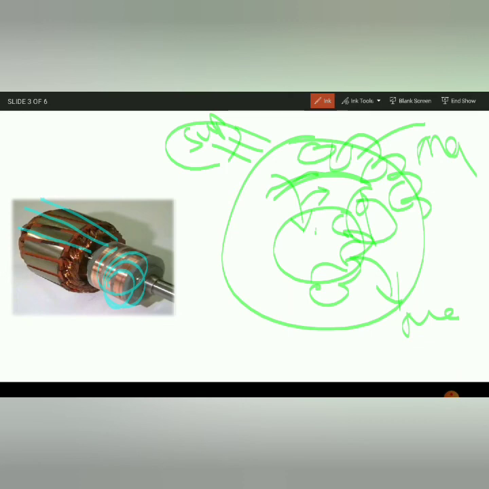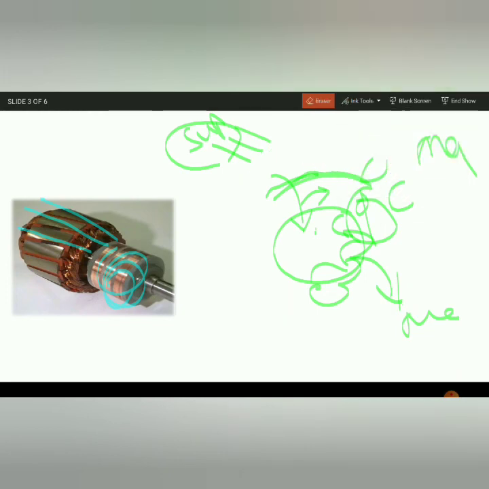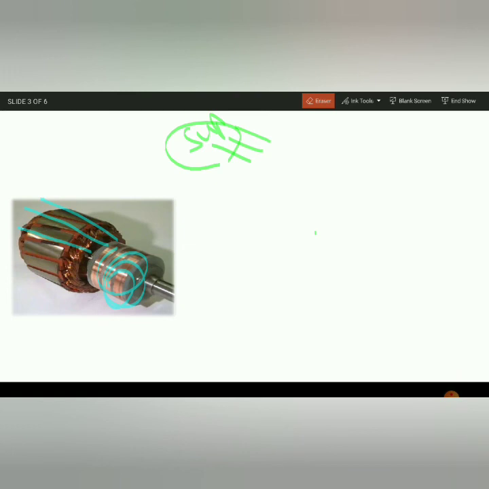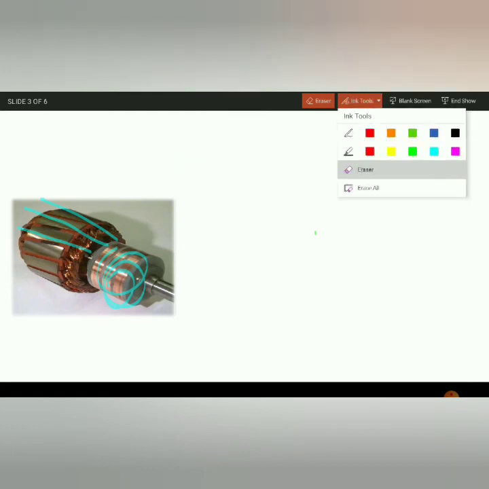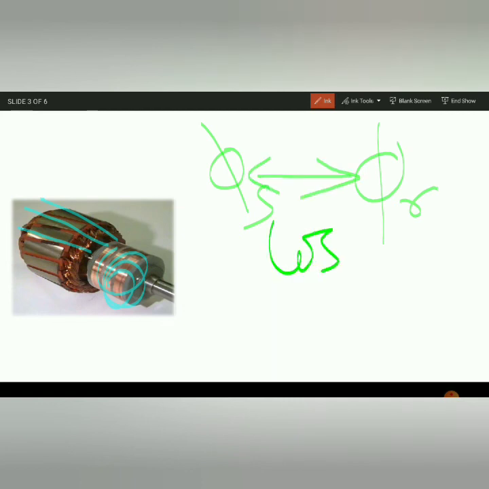So if the stator slots and the rotor slots are parallel to each other without any inclination, the magnetic field produced by the stator and the magnetic field produced by the rotor will be in a locking condition, that is, magnetic locking. The rotor will not be able to rotate.